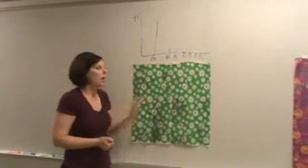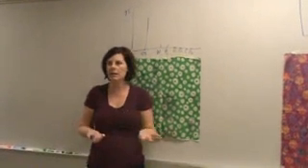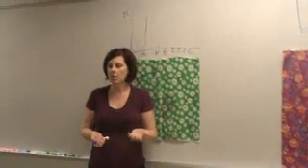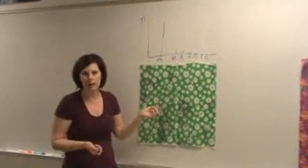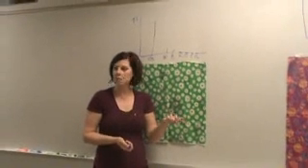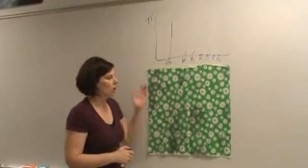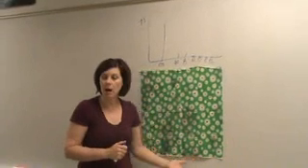Then we ask, does this support Darwin's theory of evolution by natural selection? Hopefully they're going to say, yes, it seems to support it. All right, so that's our basic model there.